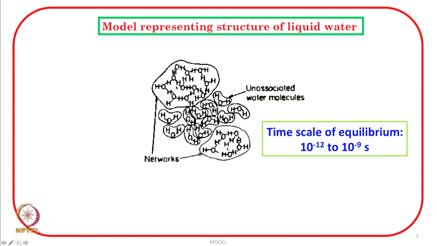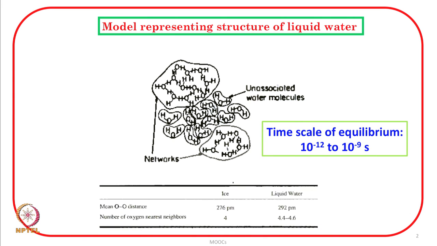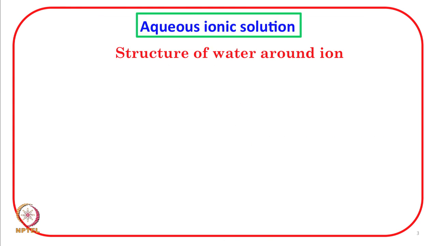And we discussed about the time scale of equilibrium and other parameters which describe the properties of water in the liquid form. Now, let us first talk about how the structure of water is modified when an electrolyte is added to it.